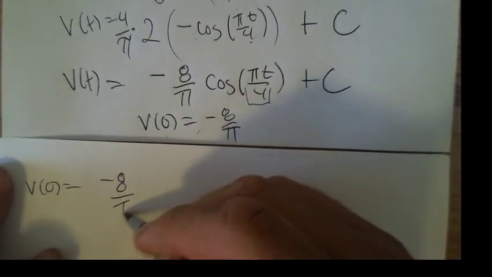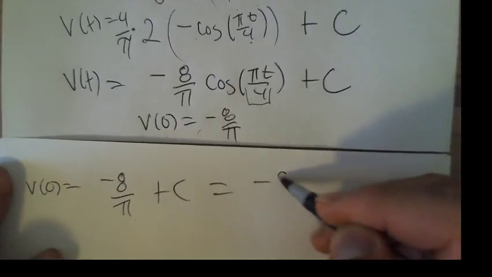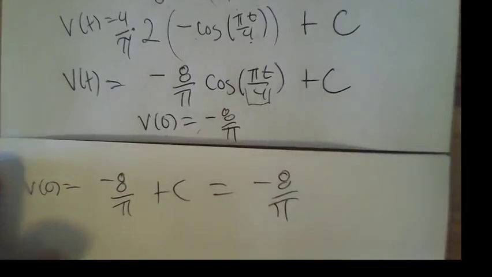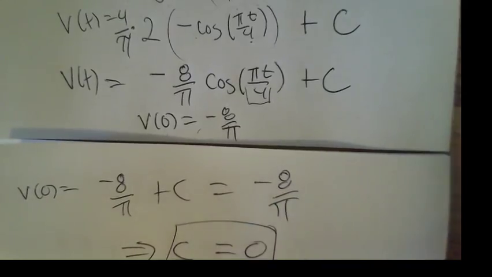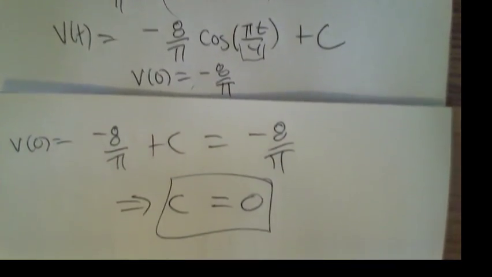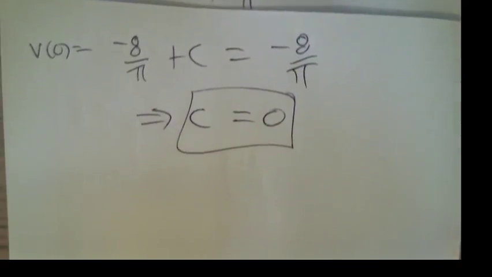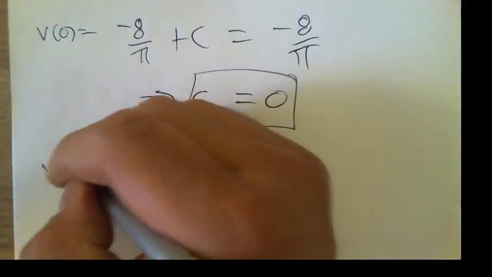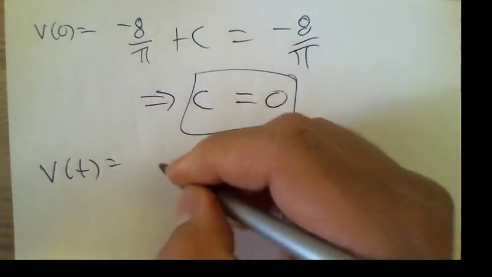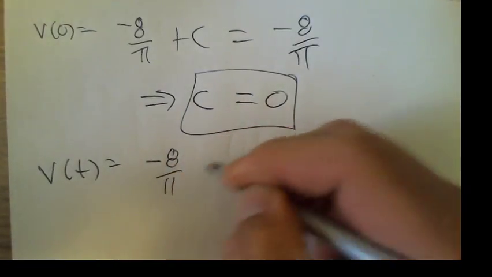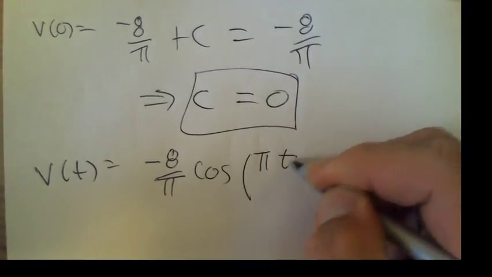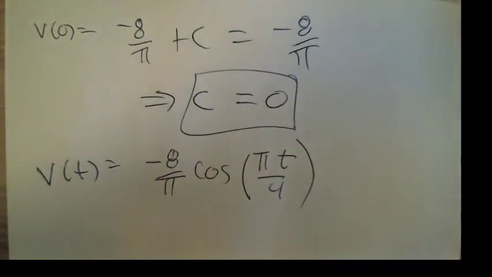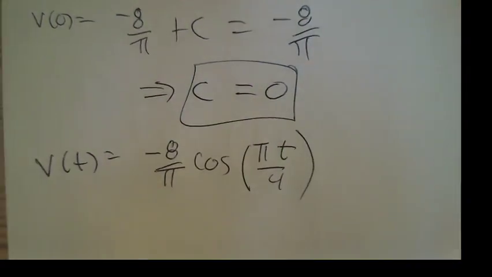So we get negative 8 over pi plus c equals negative 8 over pi, and all this means is that c is equal to 0. Solving for c, now I have my velocity function v of t.